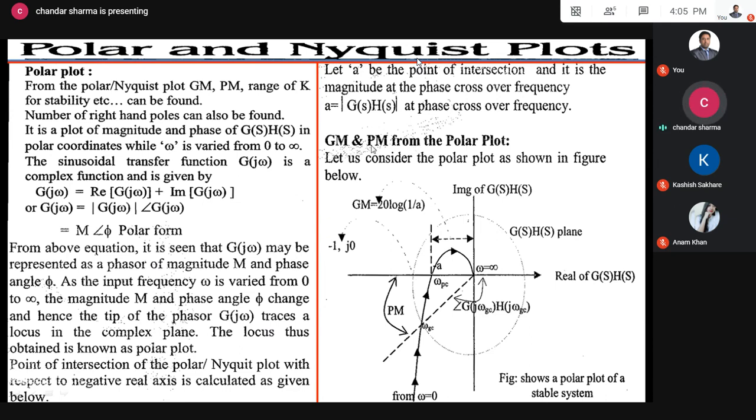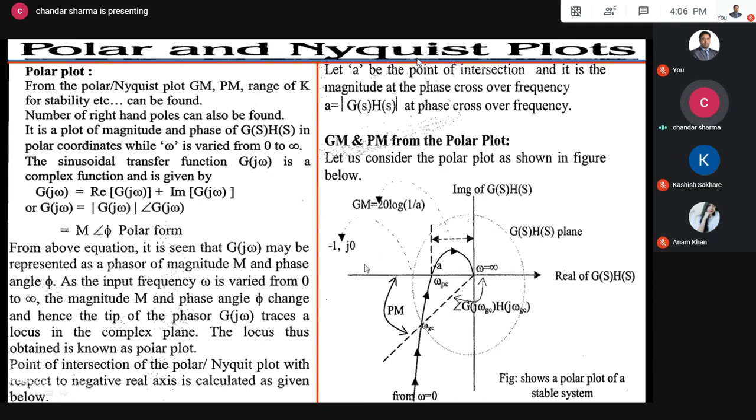How do we calculate gain margin and phase margin from the polar plot? So let us consider the polar plot as shown in figure. You can see this is the polar plot, and this we have to find. This is gain margin, and this is the angle. This is phase margin. This is gain margin.